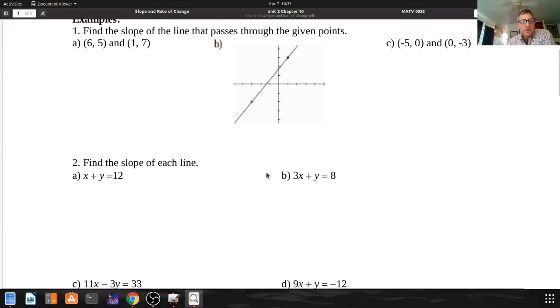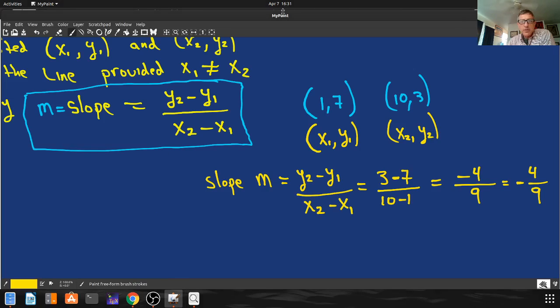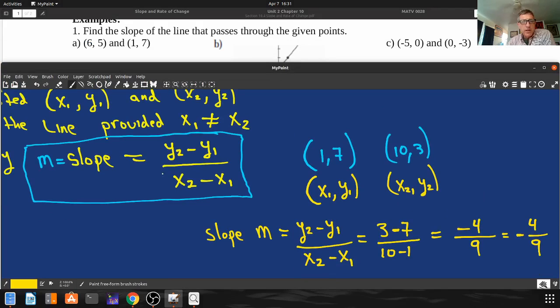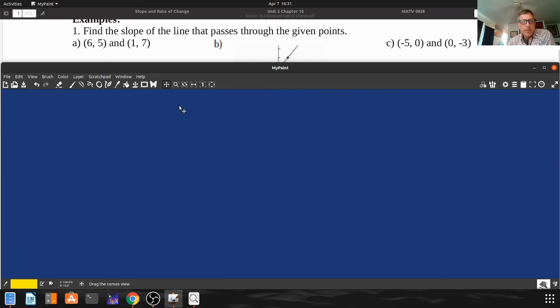So let's go and look and see what we're supposed to do. So the first thing we're going to do is exactly what I just did. We're going to find the slope of the line that passes through 2 different points.